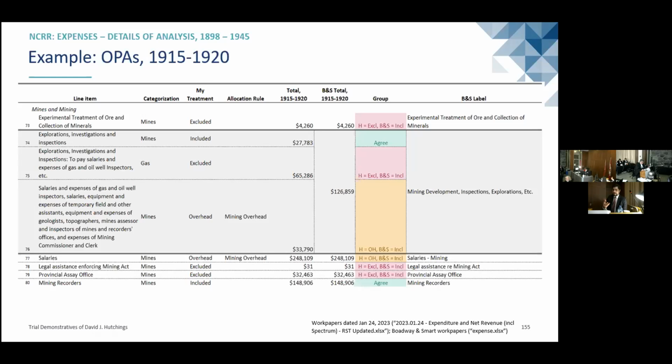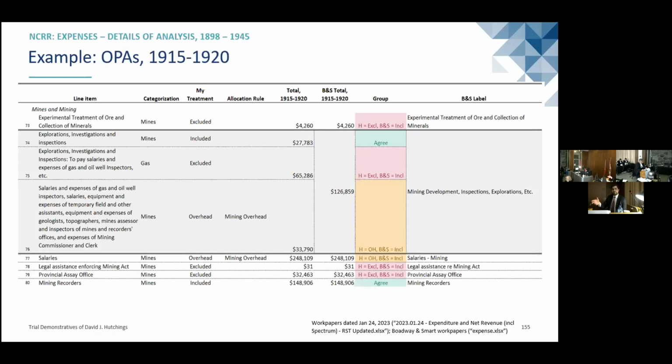This is a research-based expense, which I'll discuss a little later. In general, Professors Bogway and Smart and I disagree on the treatment of research expenses. I exclude them because government research supports many other purposes and is not tied to a direct Crown resource revenue.